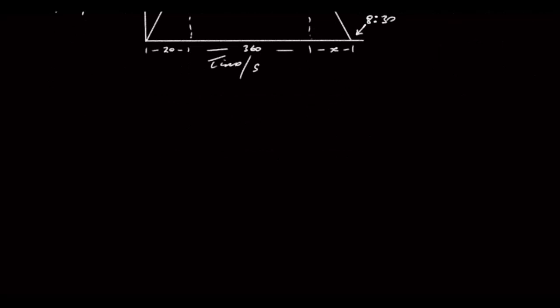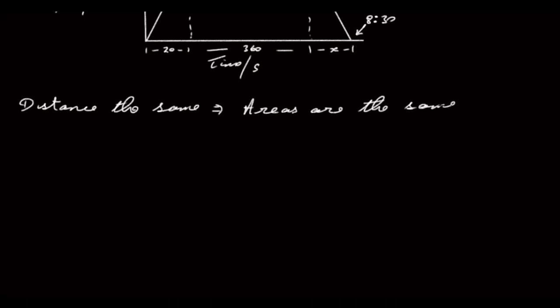So in other words, what I'm saying here is the distance is the same. That implies then that the areas are the same. So all I've got to do is find the area underneath each curve. So first one is going to be half the base times the height.